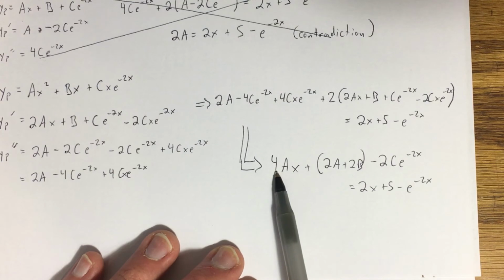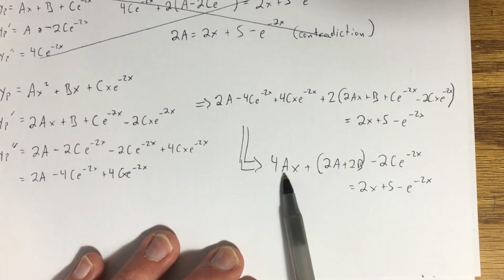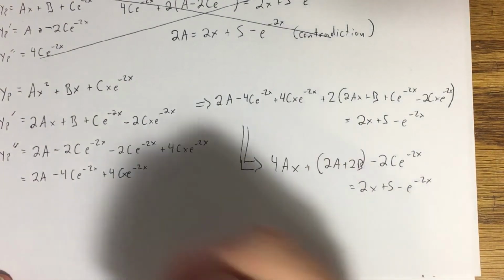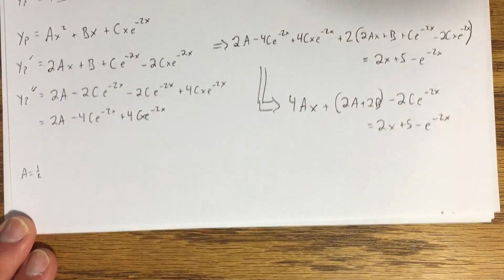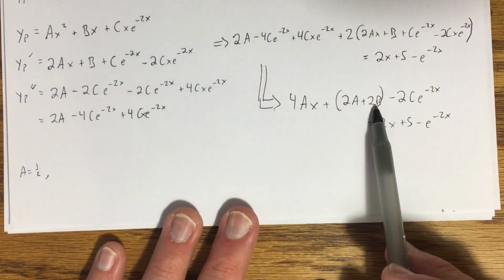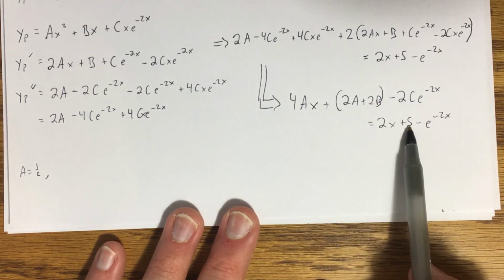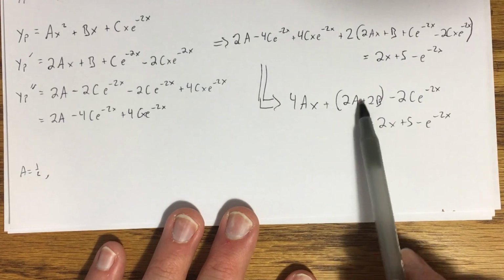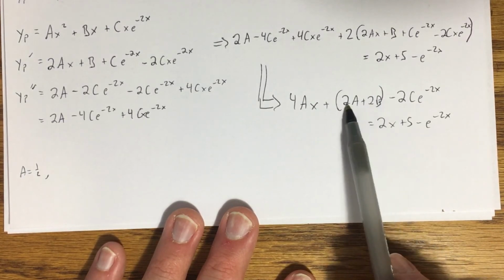4ax, compare the coefficient 4a to the coefficient 2 here. That would imply that a has to equal 1/2. Okay, I'm going to write that over here. So a equals 1/2. What about b? So again, I have my b here. If 2a plus 2b is supposed to equal 5, and if a equals 1/2, that's going to give me a 1 here, meaning b would have to be 2, so that I get 2 times 2 is 4, plus 1, that's 5.